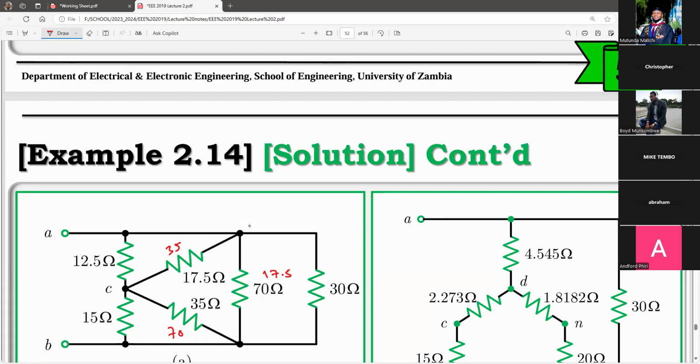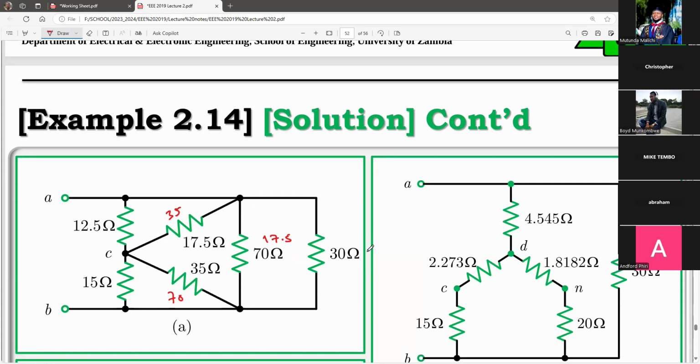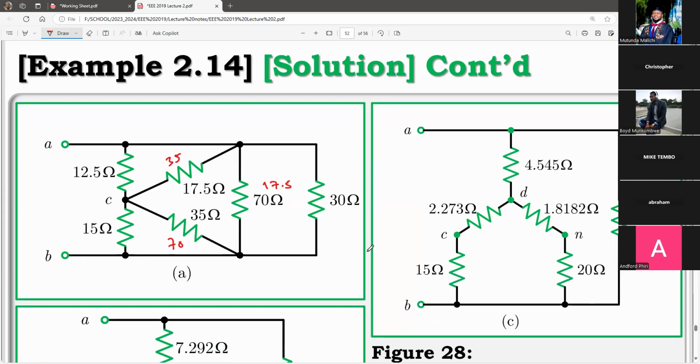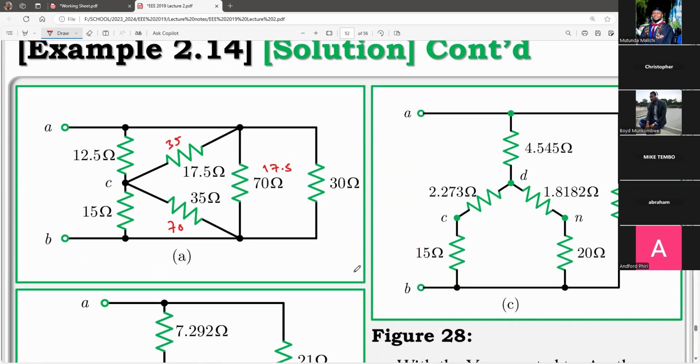And if you have values like this, then at the end of the day, the equivalent resistance that you get and the one that I'll get will be very different. Then me, I'll quickly check, wherever you are correct, but where you miss out, then I also hold my hand there.